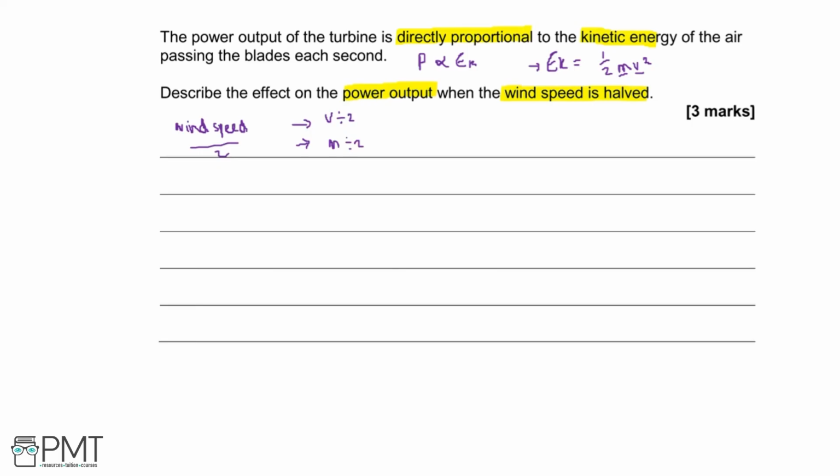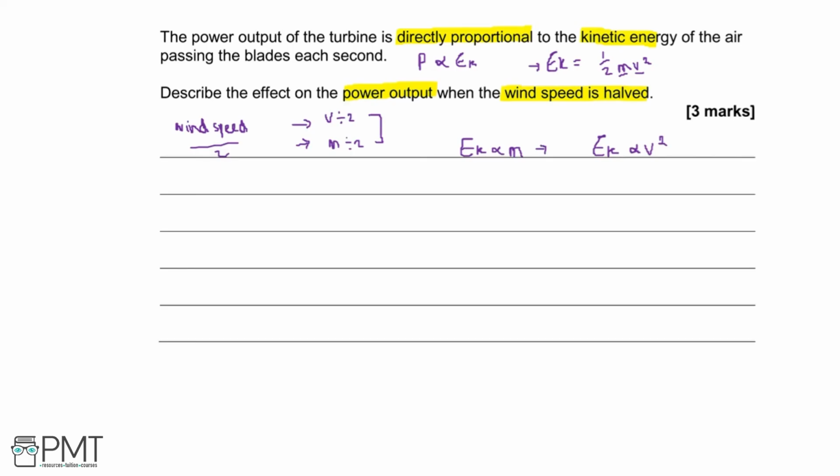Now we need to look at the relationship between kinetic energy and velocity and kinetic energy and mass to see how these two changing variables affect the kinetic energy. We can see that the kinetic energy is proportional to mass. However, the kinetic energy is proportional to the velocity squared. So with mass, if our mass is doubled, then our kinetic energy doubles.